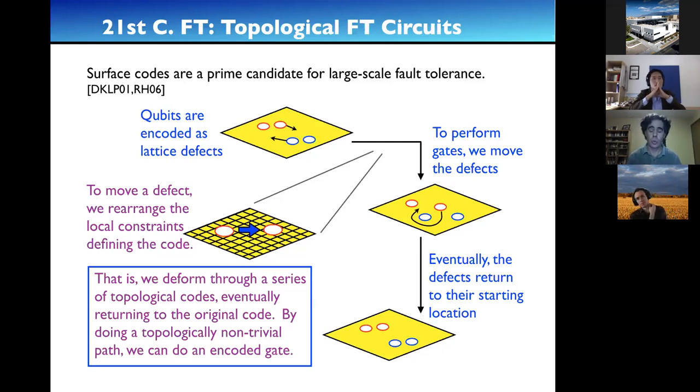Whereas before we had local constraints over here and none over here, which formed the defect, we can relax some of the constraints here and impose extra constraints here by measurement. That will move this hole over. By moving the holes in such a way that they go around each other, you can make changes in the logical state because you've done something topological. That's very unlikely to happen by accident, but you can do it deliberately through the appropriate series of operations.